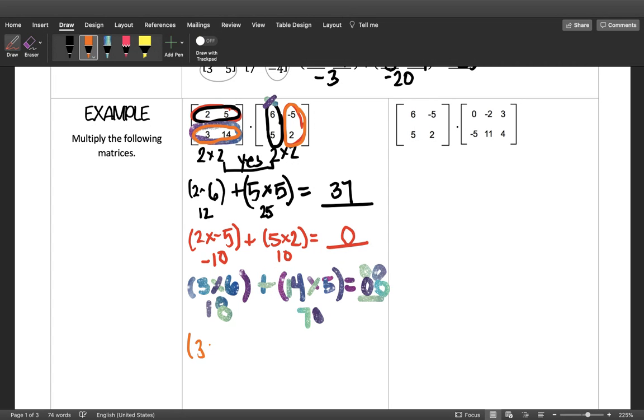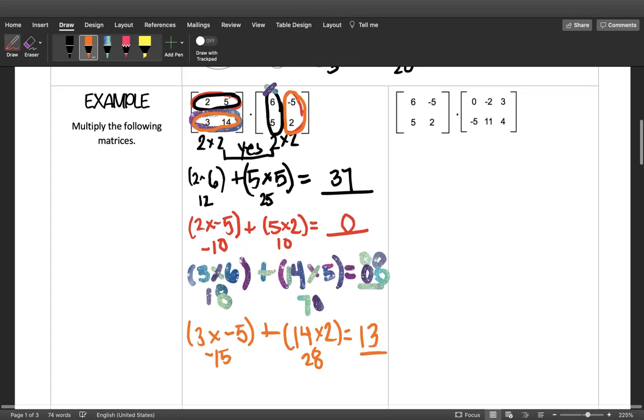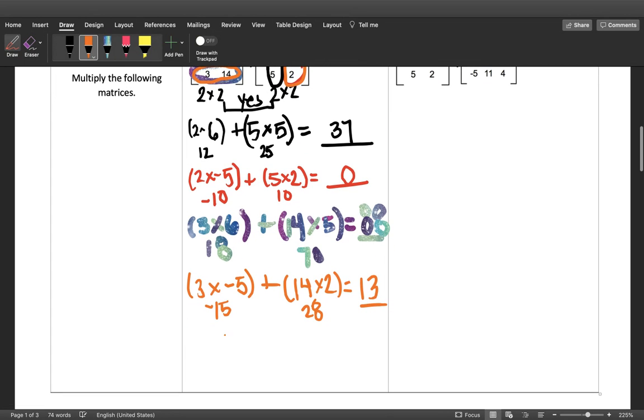So 3 times -5 plus 14 times 2. So 3 times -5 gives me a -15. And then 14 times 2 would give me 28. Add those together. So -15 plus 28, or 28 minus 15, will give me 13. So let's write this out. This is first row, first column.